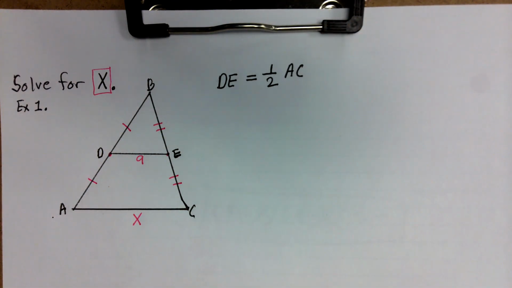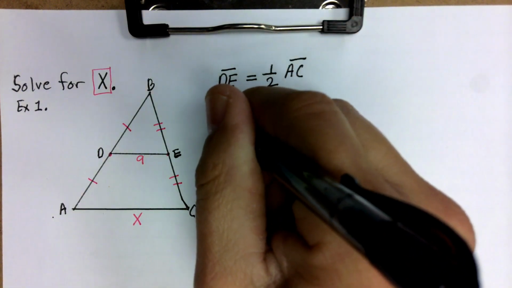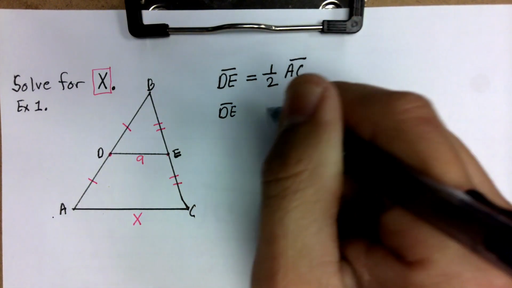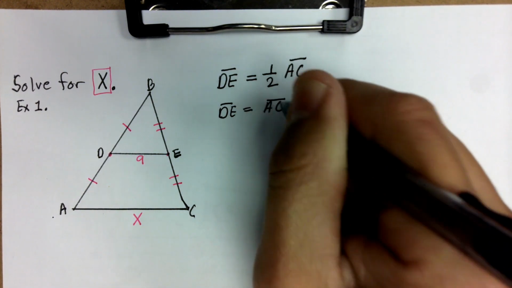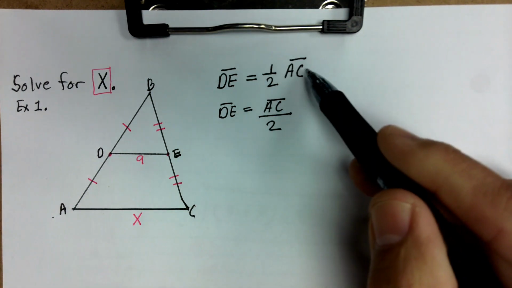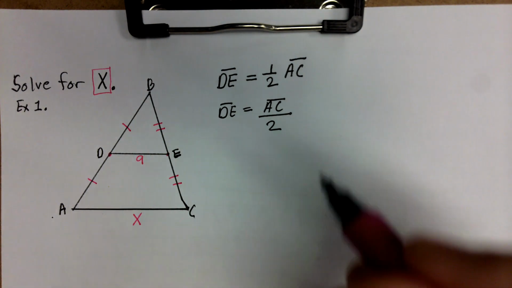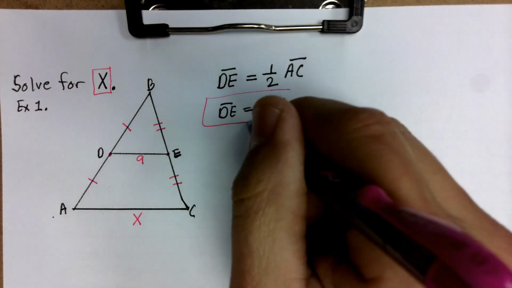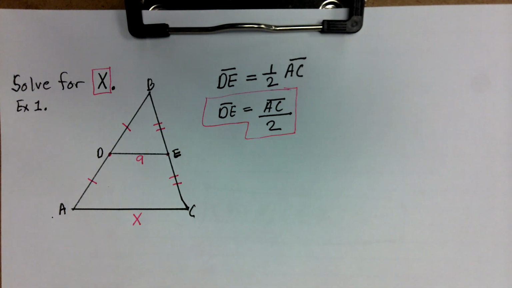Now, another way that we could look at that as we're writing this, and these are line segments, is we could say that line segment DE is going to be equal to AC divided by 2, right? Because multiplying something times 1/2 is the same thing as dividing it by 2. And I typically like to look at it like this right here. Now, we can also go the opposite way.